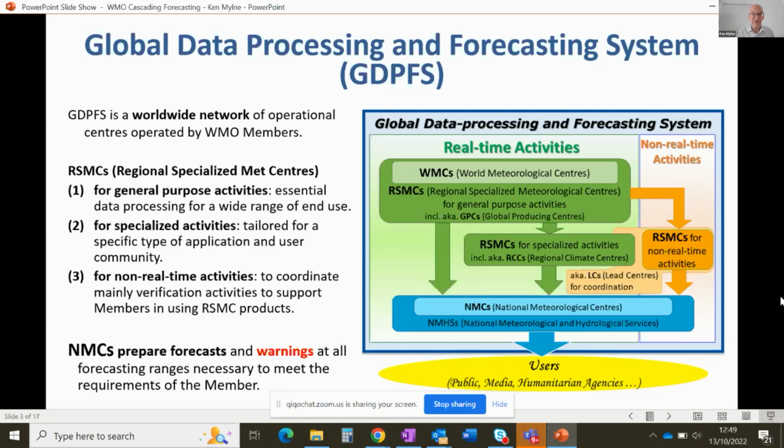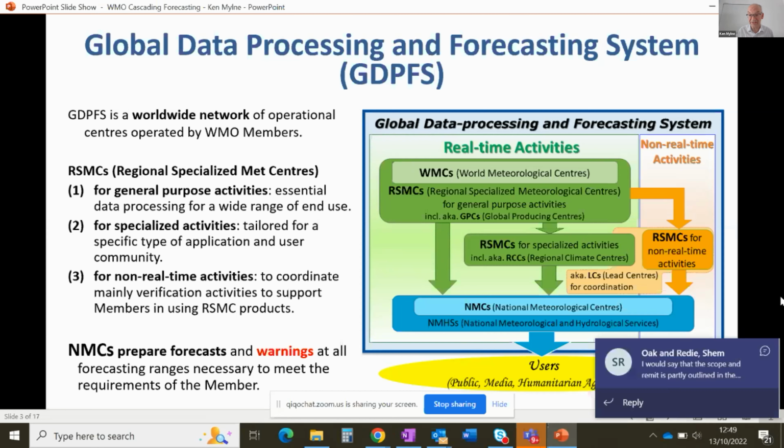The general purpose activities often might include, for example, running numerical models and making numerical model output available for others to use. And the specialized activities can include, for example, what I'm going to talk about, which is severe weather forecasting and providing guidance to regional centres.